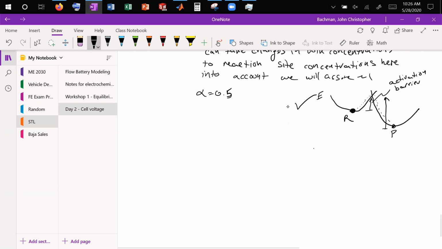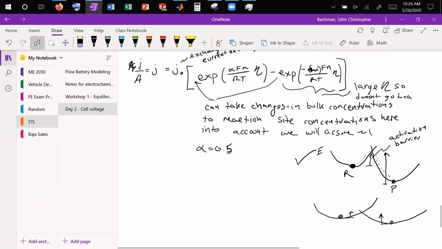But if you had something more like this, where the relative barriers were more equal to each other, then you would want to include the forward and backwards reaction. But we're going to ignore this term.